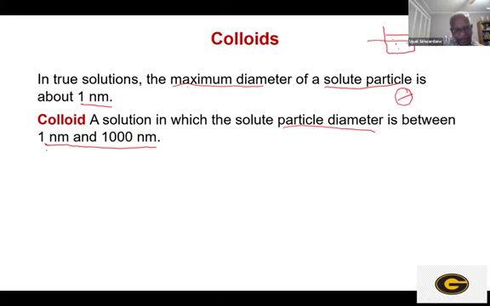When diameter sizes are between 1 nanometer and 1000 nanometers, particle sizes are large, therefore they scatter light. A solution is a homogeneous mixture. In some cases, when you pass light through, you can see scattering of light.